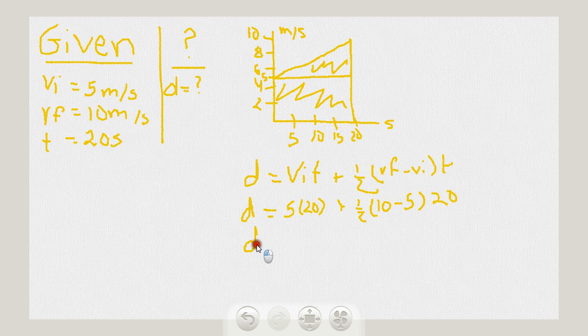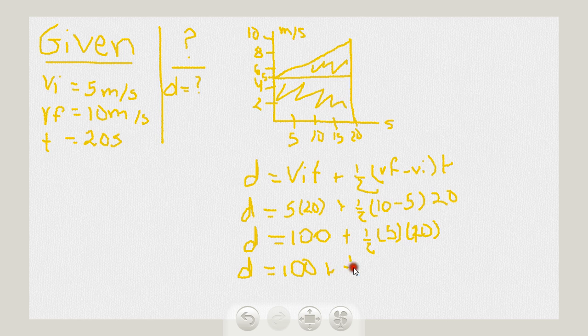So the distance is equal to 100 plus a half of 5 multiplied by 20.